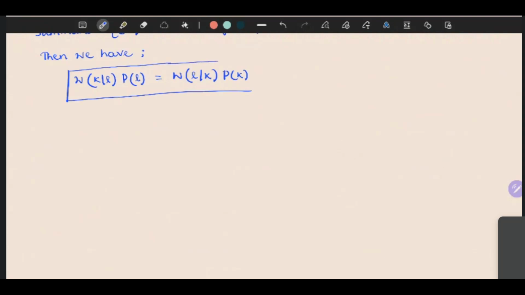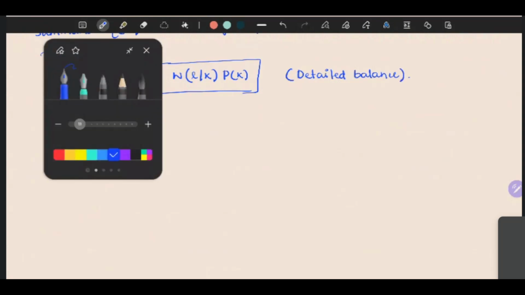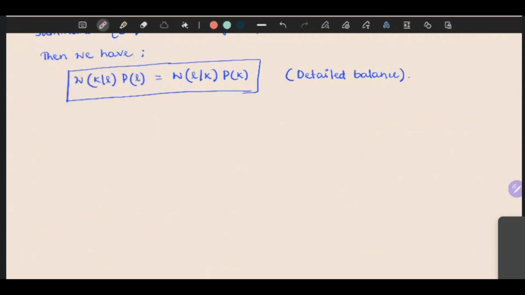This is called detailed balance, for every pair of K and L.